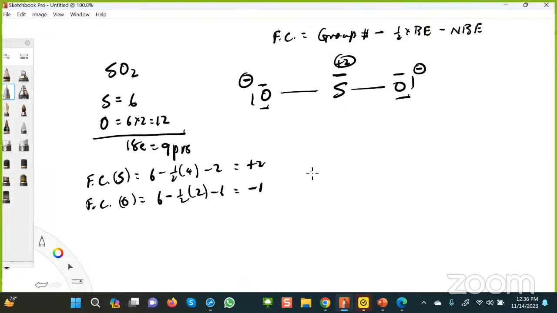So basically what's going to happen, if you remember what we did in a previous example, this pair of electrons will come here. The consequence of that is that this negative charge will cancel out one of the 2 plus charges here. This pair of electrons will come here, and that negative charge will cancel out the other positive charge. So therefore, the final answer will become this. And that's it, all right?